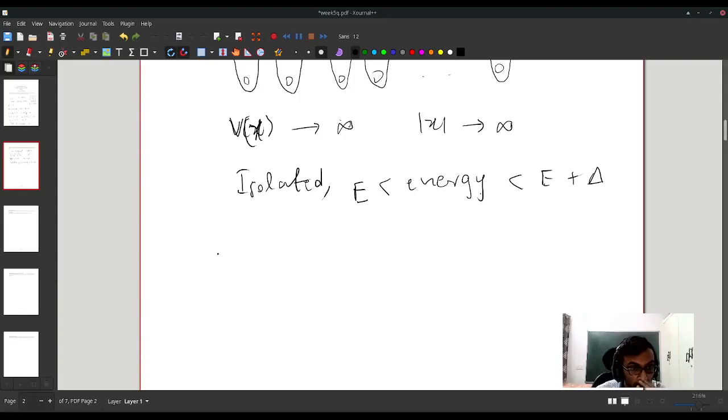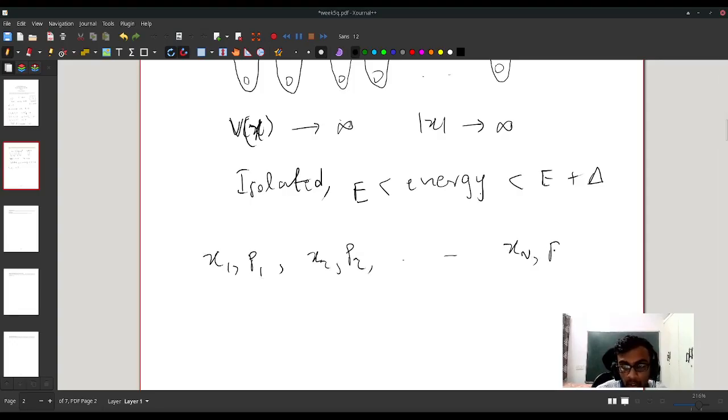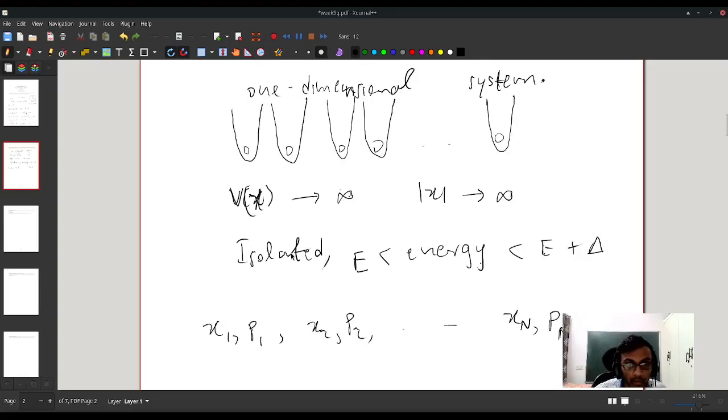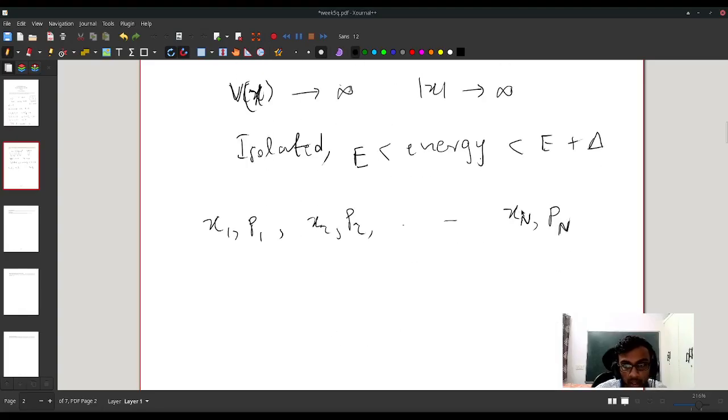The phase space variables of the system are as follows: x1, p1, x2, p2, and so on. Here xi is the position relative to the nth atom's mean position.